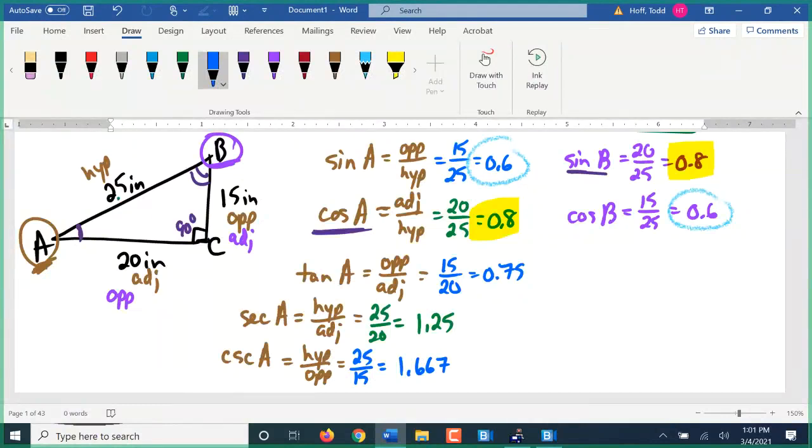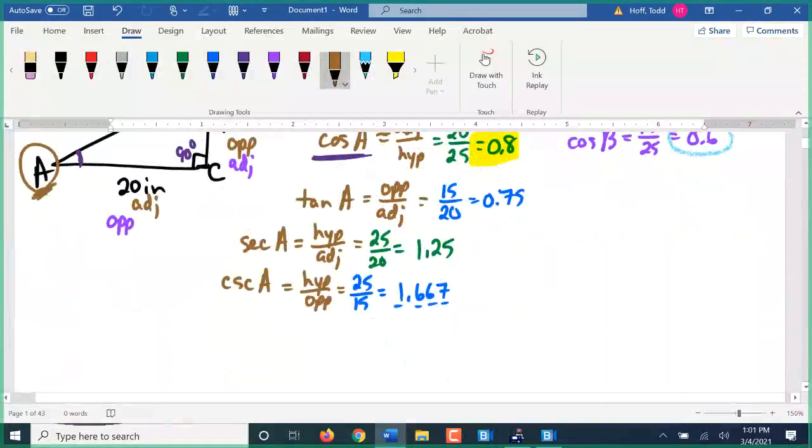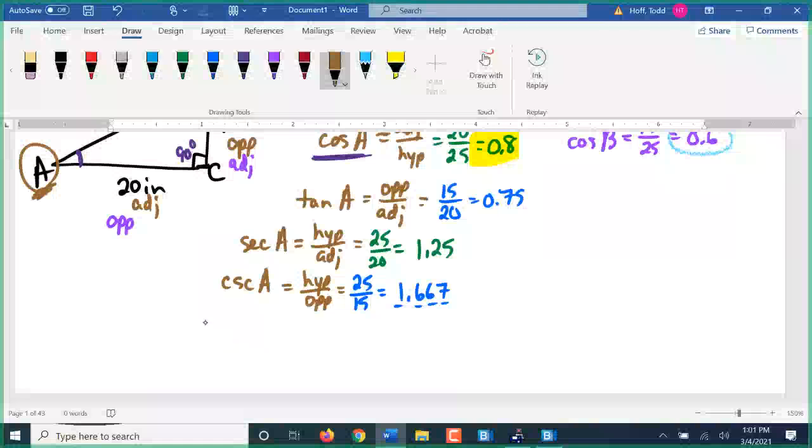Typically, the first several functions I divided out here terminated after 1 or 2 decimal places. If they don't terminate, it is typical to round our trig functions to 4 place values. This is 1, 2, 3, 4 non-zero place values. What do I mean by non-zero? Well, let's do the cotangent, which isn't going to come out any better, but I'll show you.